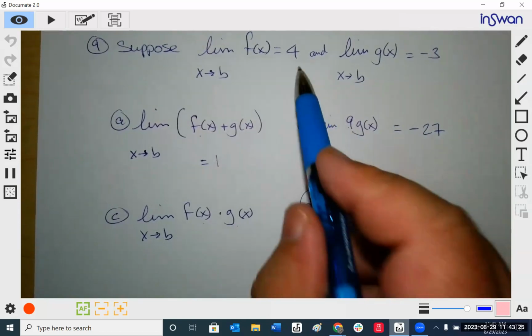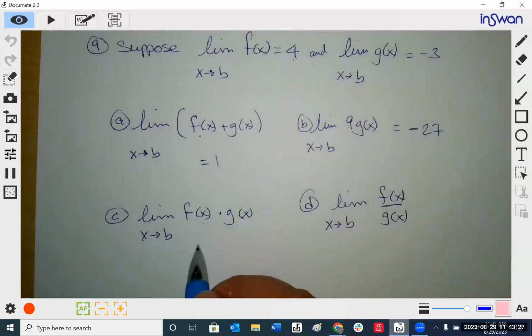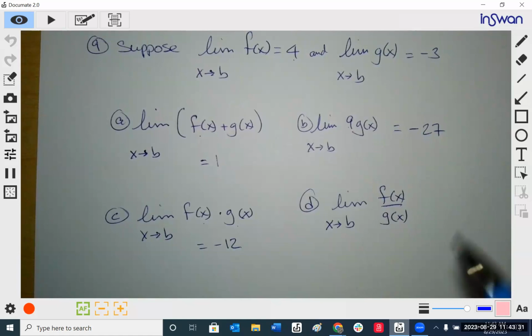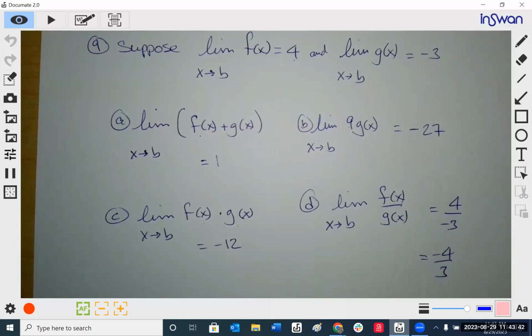F times g. 4 times -3. -12. F over g. 4 over -3 or -4 over 3. It's not common convention to have a negative on the bottom, so we move it to the top. And that's all there is to that one.